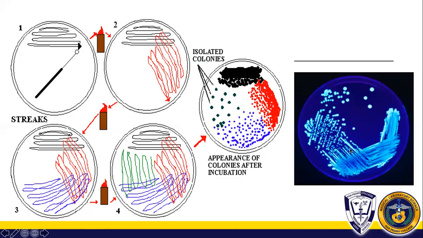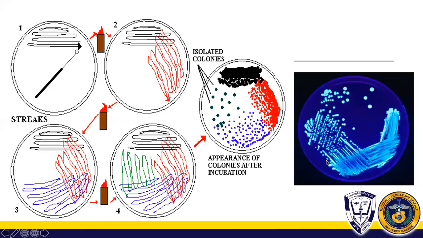So this is an actual culture media and an observed one. This is the first quadrant streak. Look how thick the colonies are and close together. And then this is the second quadrant streak. The third quadrant streak is not as close together.